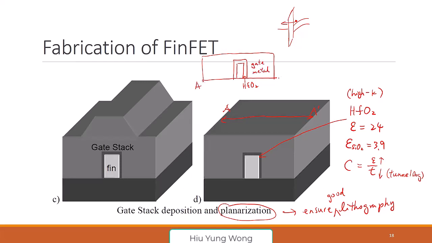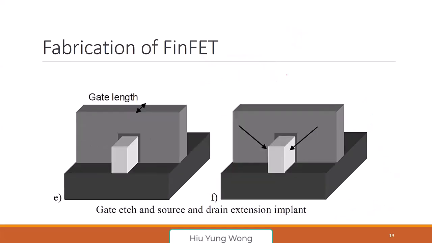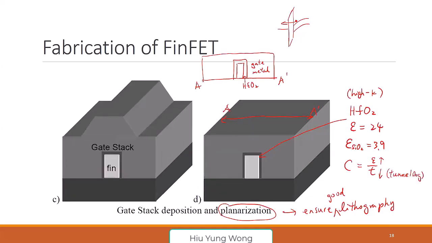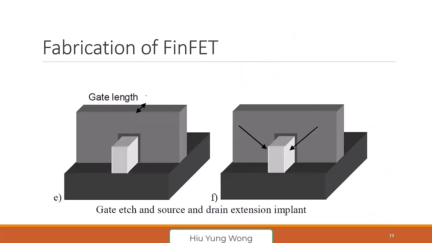That is what you get. Then we need to pattern the gates. You just etch away the gates, and this is the gate length. And then we do source drain extension implant. We try to make it N plus at both sides.